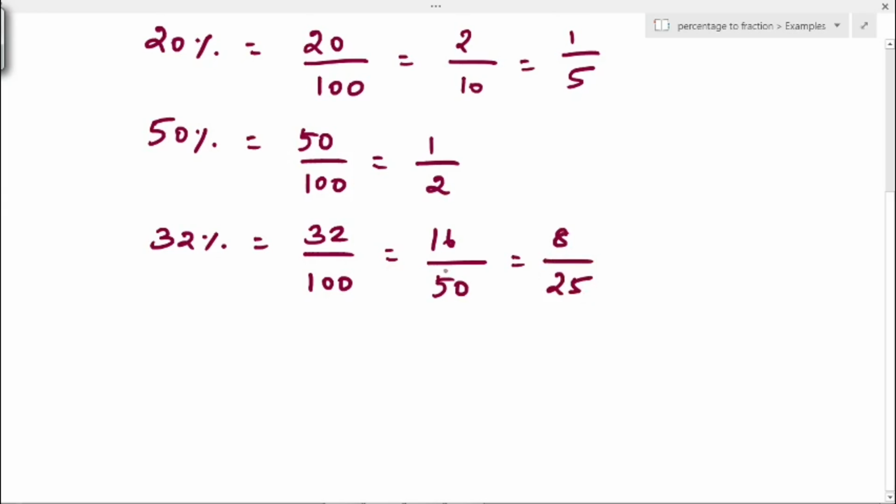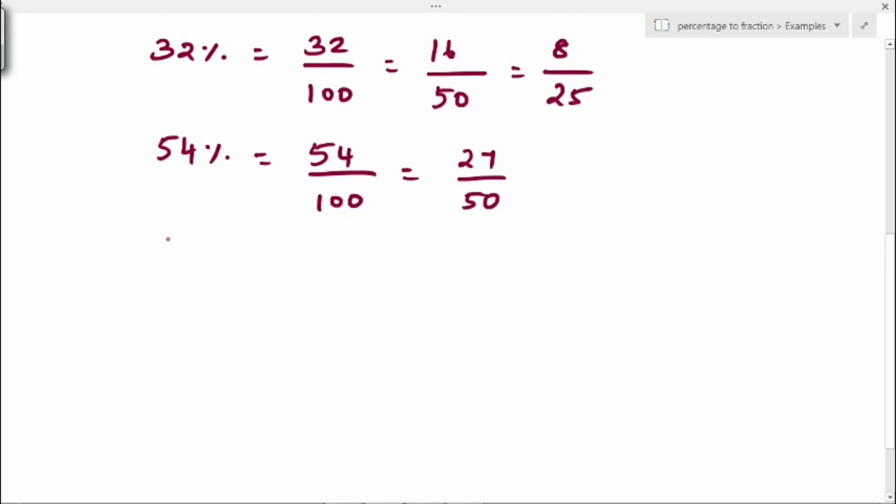So the fraction value of 32% is 8 by 25. If we have 54%, this 54% can be written as 54 divided by 100. If we divide this by 2, you will get 27 divided by 50. So the fraction value is 27 divided by 50.